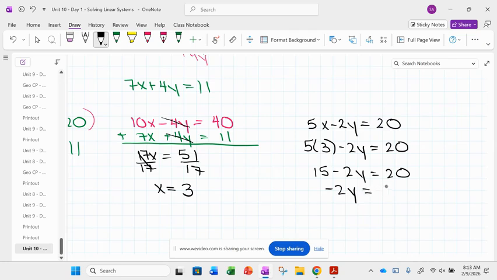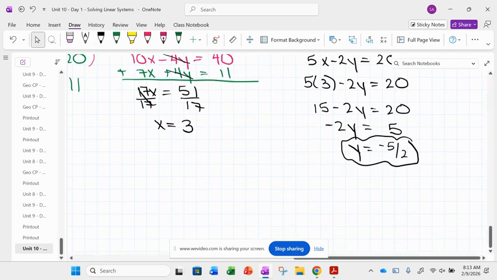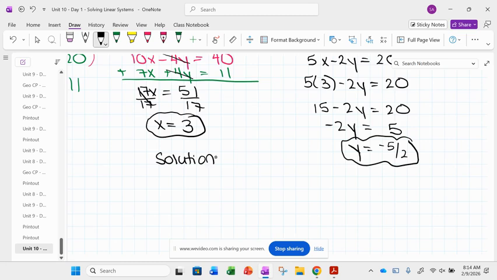Negative 2y equals positive 5. So y will equal a negative 5 halves. So our solution, where these two lines cross, is going to be the point 3 comma negative 5 halves.